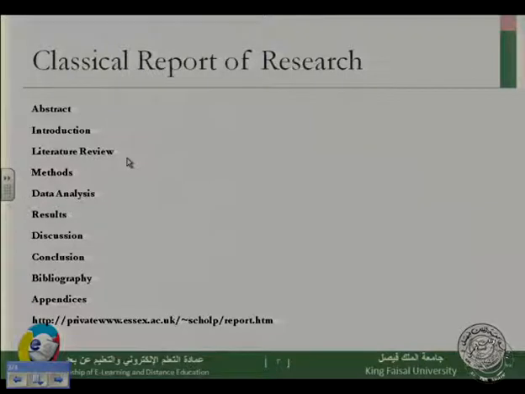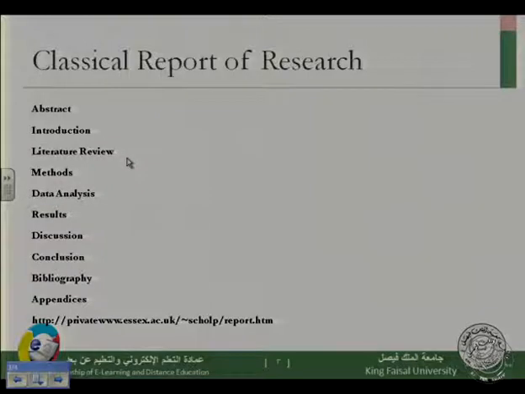We talked about APA style, and this is closely related to writing the bibliography and references. Appendices, let's say that you have copies of questionnaires, interviews that you used in your research. You can append them to the end of your research, pictures, graphs, extra information useful to your research and the readers. You can append them to your research.